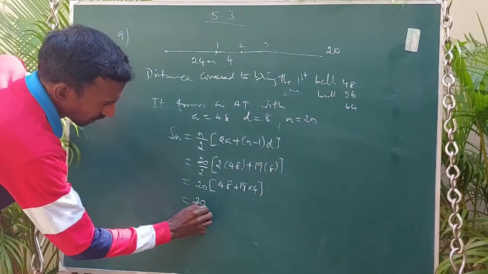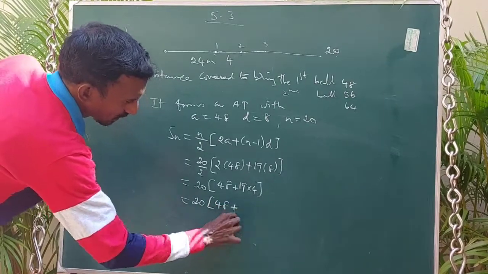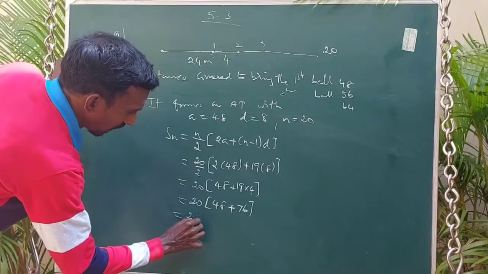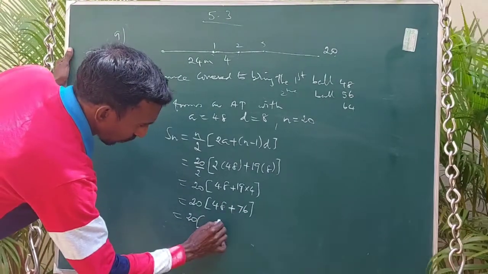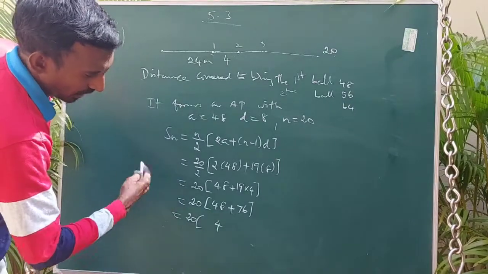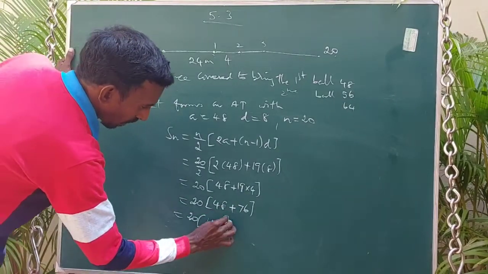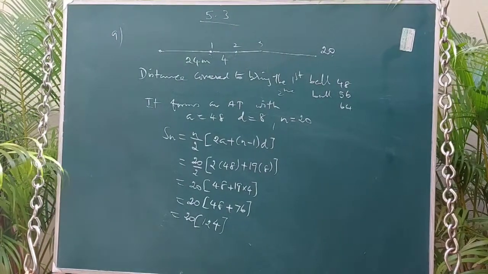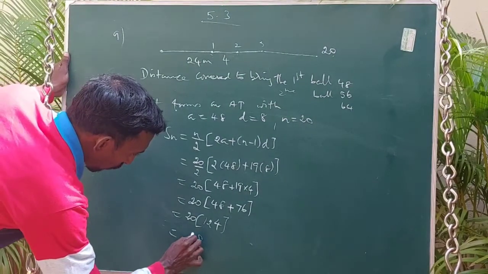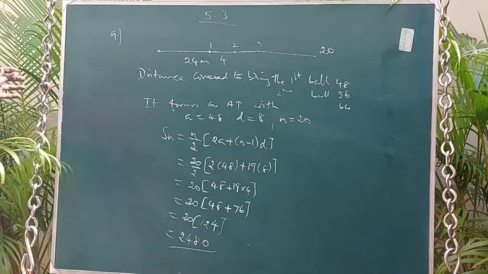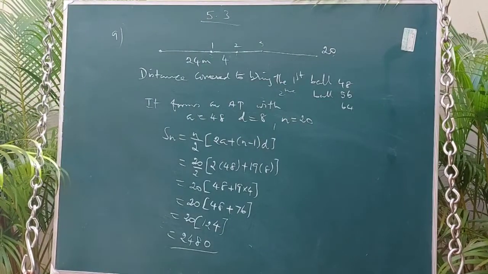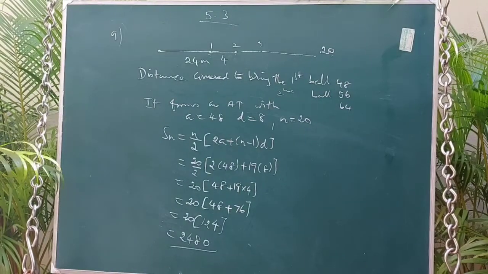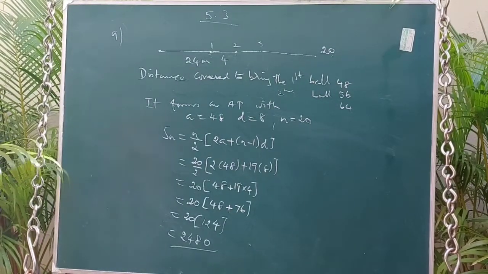So 20 into 48 plus 76, that is 20 into 124, which is 2480. So the contestant has to cover 2480 meters of distance.